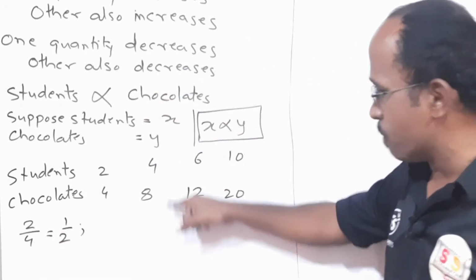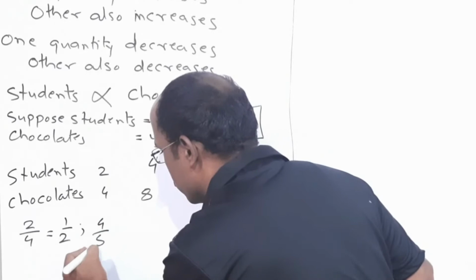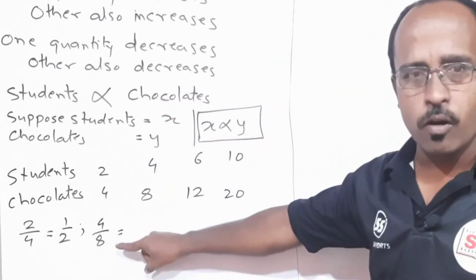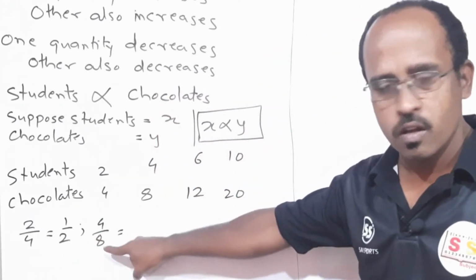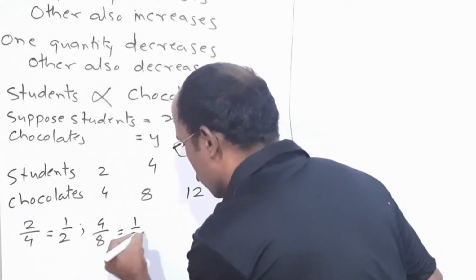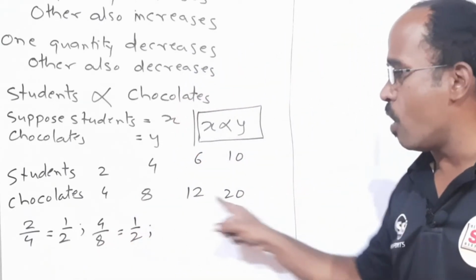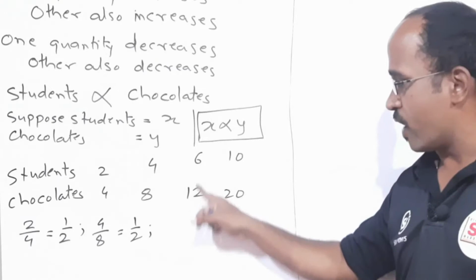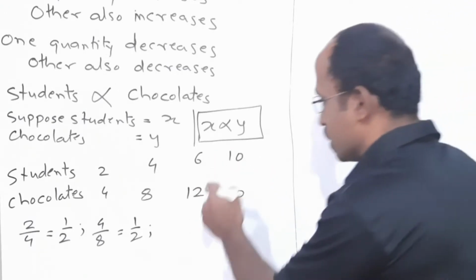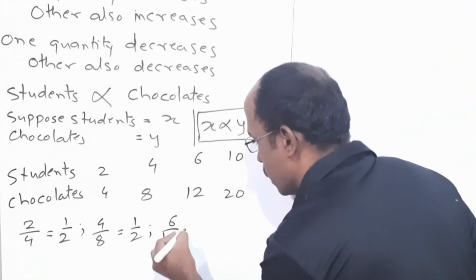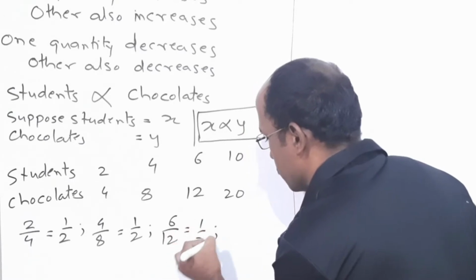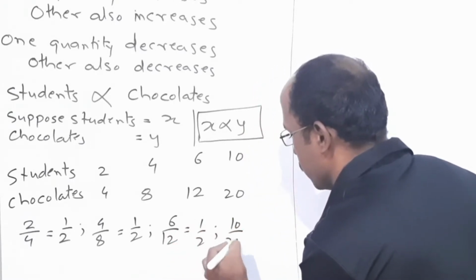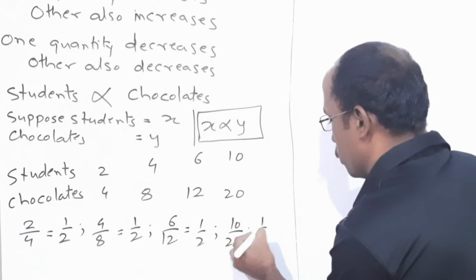Similarly, 4 upon 8, if we simplify this fraction, 4 1s are 4, 4 2s are 8, it is also 1 upon 2. So the simplest form of all the fractions will be the same. 6 upon 12 is nothing but 1 upon 2. Similarly, 10 upon 20 is also nothing but 1 upon 2.